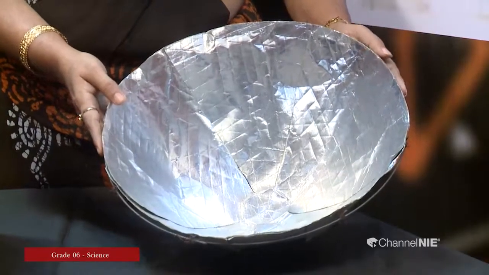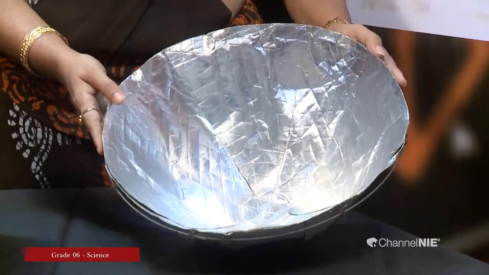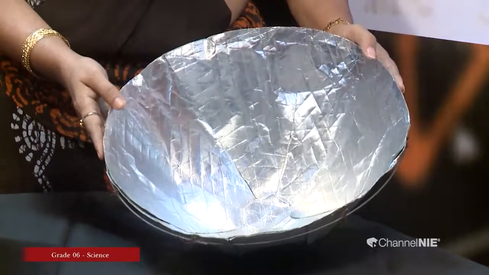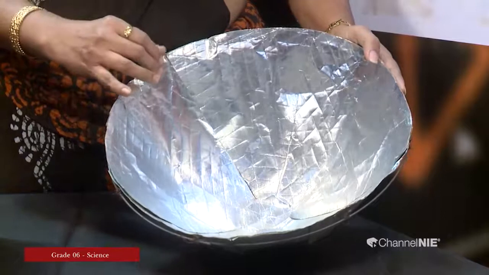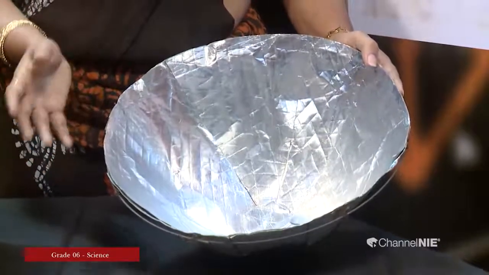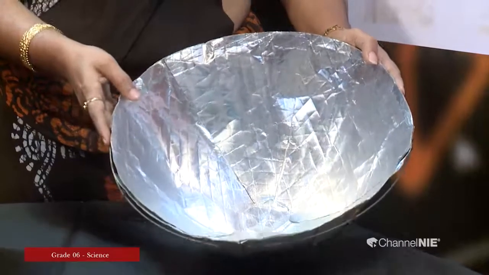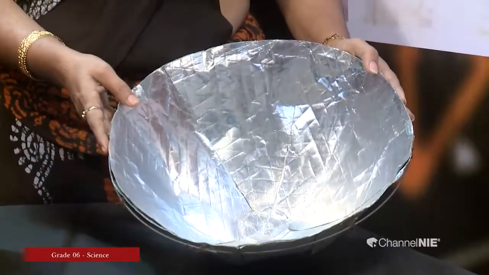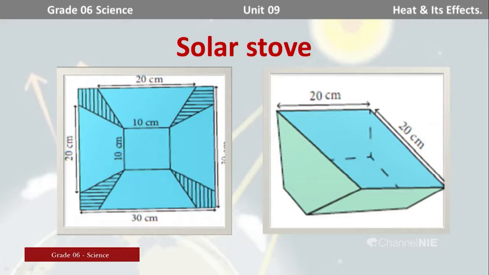The inner surface is fully covered by an aluminium foil. Actually this aluminium foil can absorb the heat of the sun, and comparatively the temperature inside this container is high. This is similar to the solar thermal stove. This model is describing how a solar thermal stove is working.